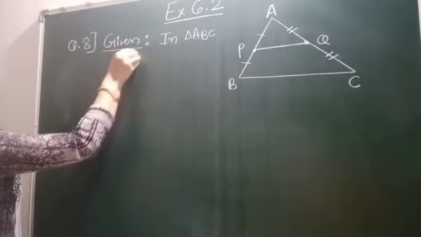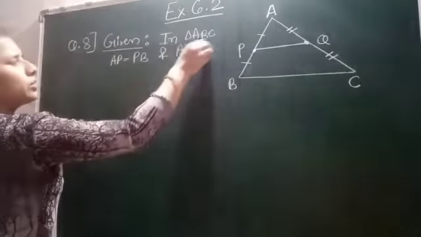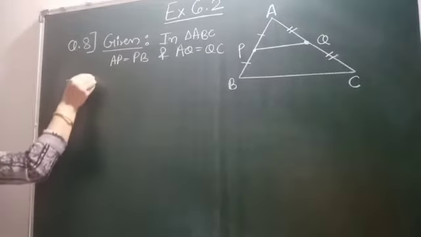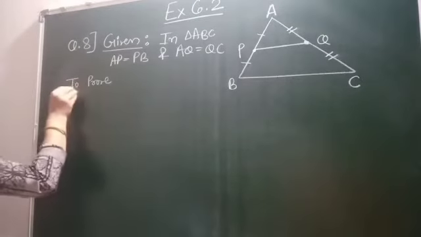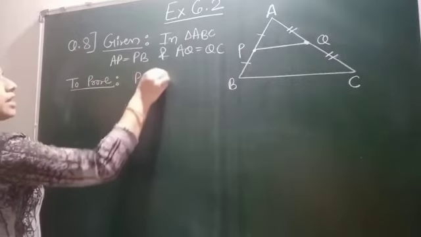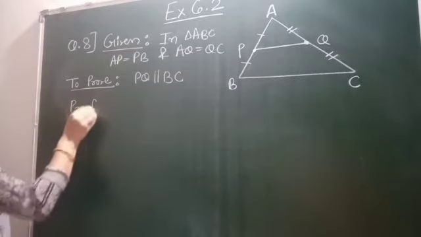AP equals PB and AQ equals QC is given. And what we have to prove? We have to prove PQ is parallel to BC. So let's start the proof.